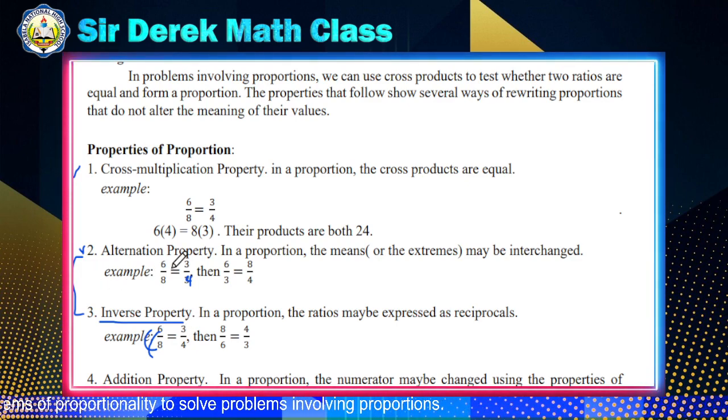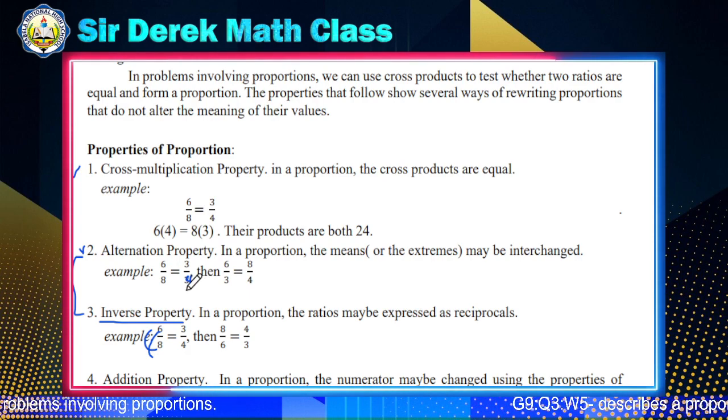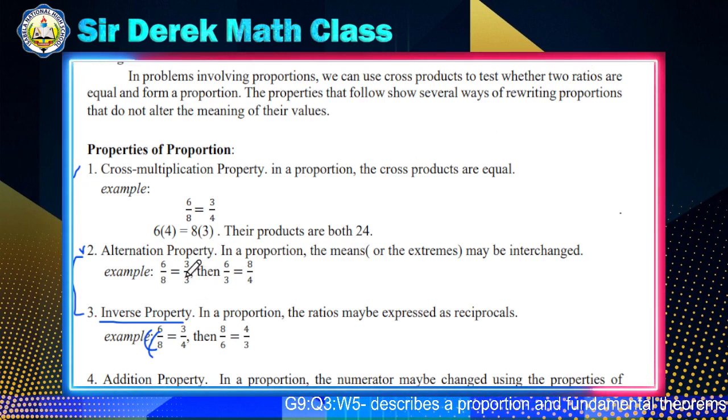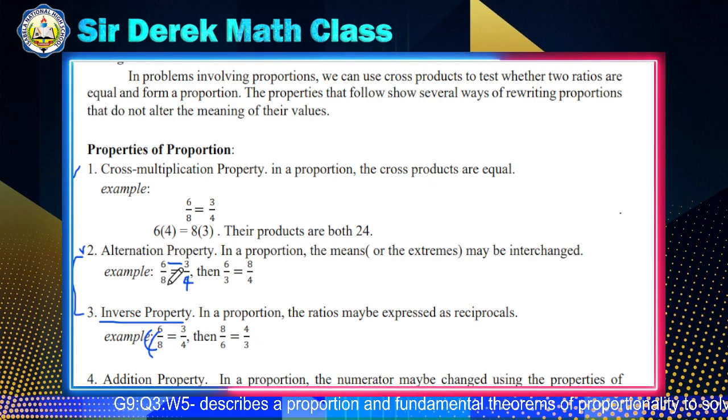But in alternation, you can do this 6/3 and 8/4. Okay? I repeat, there is an error in your learning activity sheets. This should be 4. Okay? Take note, pwedeng 6/3 or 8/3.